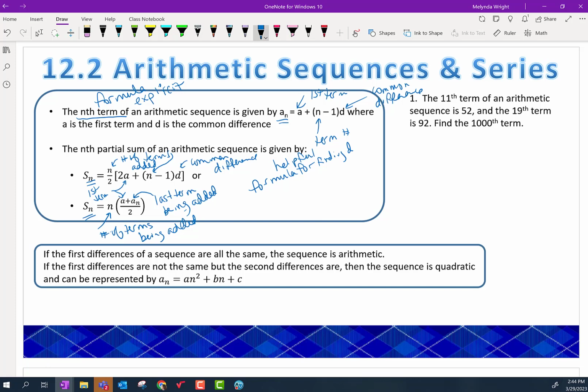What are we going to do? D is going to equal the next term minus the previous term divided by the difference in the term numbers.